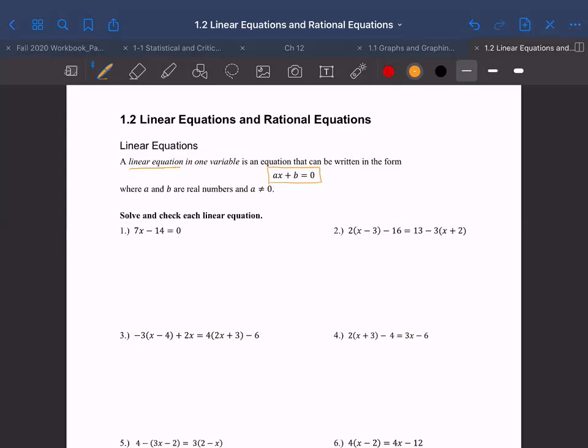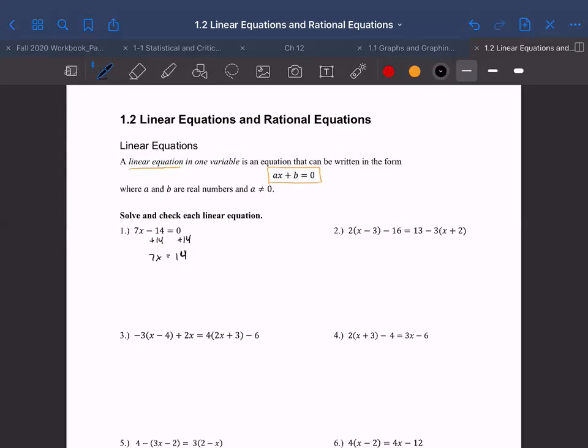So let's go ahead and try some of these, and we're going to solve and check and see if these are linear equations. So we look at the first one, and we're going to just solve it, and then check and make sure that the answer we got works. In order to solve this, I'm going to add 14 to both sides, and I'll end up with 7x equals 14.